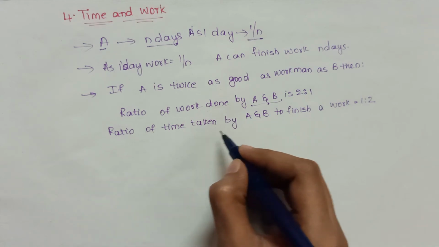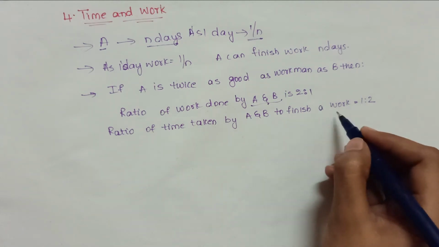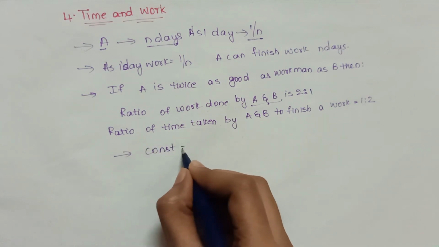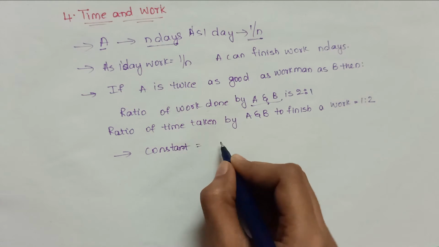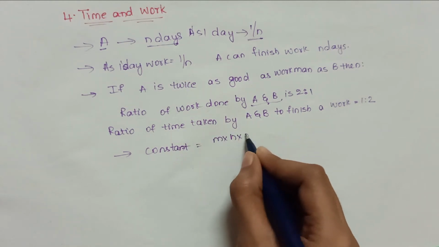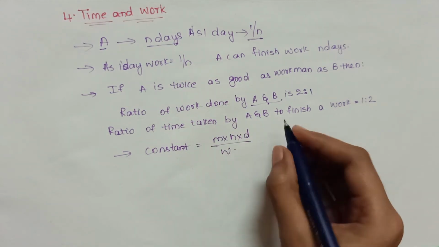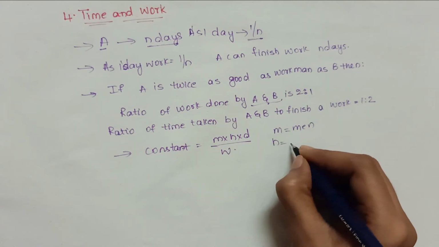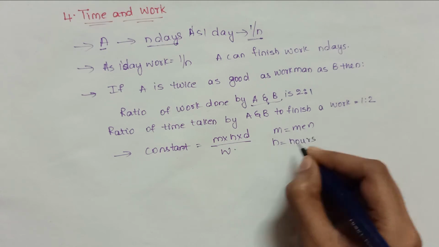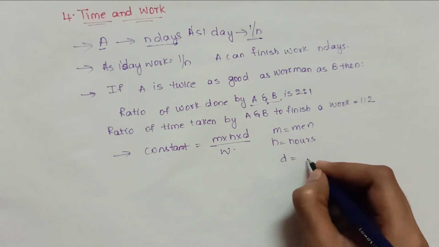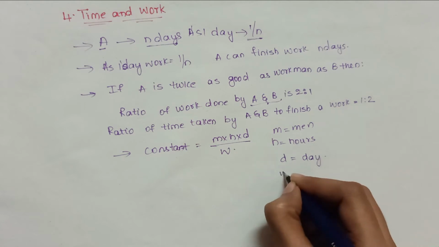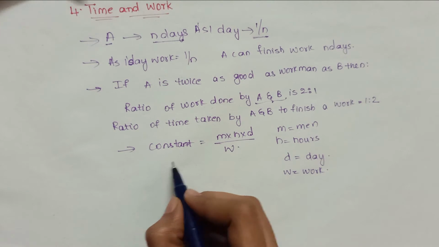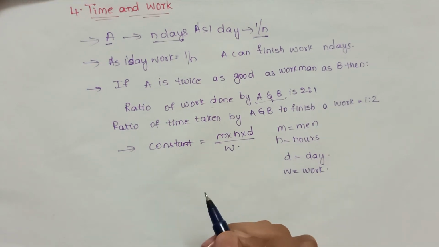The ratio of time taken by A and B to finish a work is 1:2. We have another formula, constant is equals to M into H into D by W, where M is number of men and H is number of hours, and D is days, W is work. This formula is only used for 1 man, 1 hour, 1 day, 1 work.